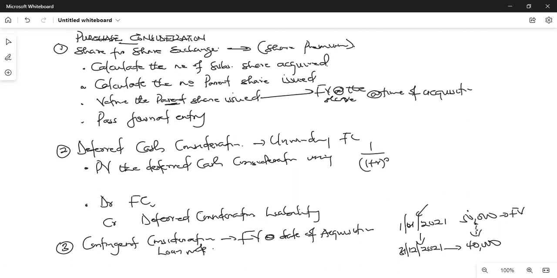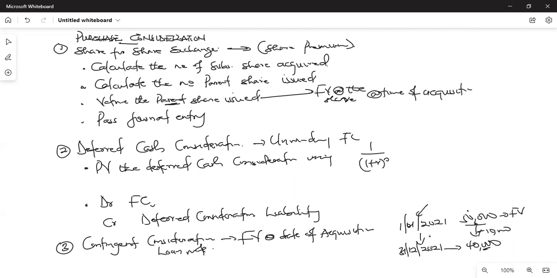This is a loan note, so you were going to pay a liability of 50,000. At the end of the day, you realize that your liability is actually 40,000. What happened to the 10,000? You remember IFRS 9, financial liability? The default one is fair value through P&L. Do you remember that?